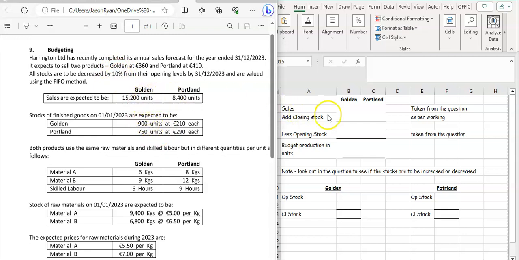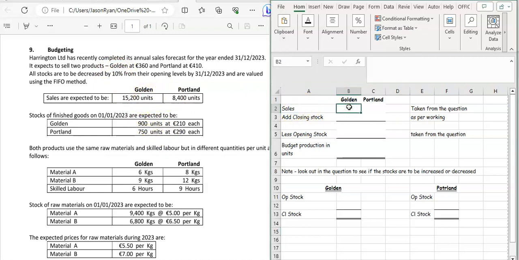So your layout is going to be your sales, which is taken from this part here, 15,200. We have to add our closing stock to it, because that's how many units we have to produce for that period. Now remember, our closing stock is going to decrease by 10% based on our opening stock figure. So if our opening stock is 900 and it's 10% less, if we multiply that by 90%, that's going to give us our closing stock figure.